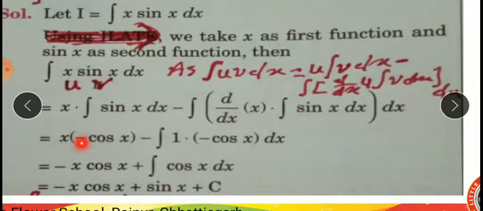Integration of sin x, you know, is minus cos x. Here d/dx of x is 1. So we are getting minus x cos x plus integration cos x.